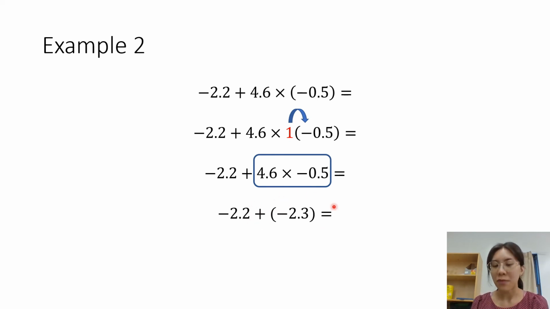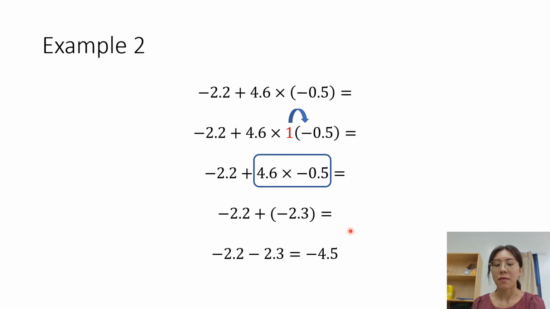I just put this in brackets so you can see it a bit better, but there's actually no brackets. So 4.6 times negative 0.5 gives us negative 2.3. A positive multiplied by a negative will give us a negative number. In the end, what we have is negative 2.2 minus 2.3, and that will give us negative 4.5.